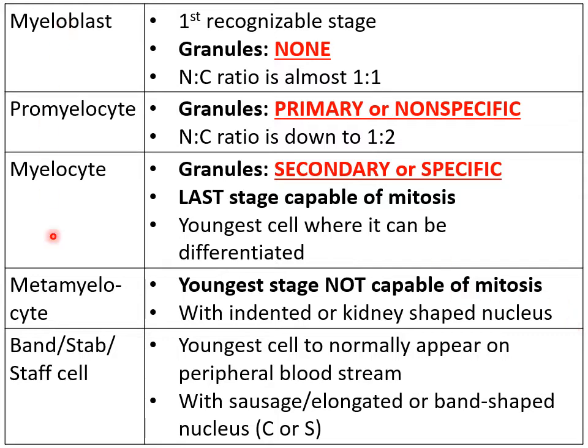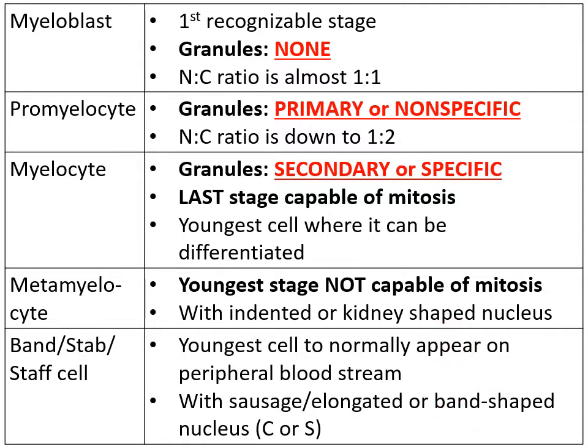Okay? Band, stub, or staph cell is the youngest cell which is normally found in the peripheral bloodstream. Okay? And ano na ang shape ng nucleus dyan? S-shape, C-shape, or sausage shape. So, ito yung difference between the nucleus ng dalawang ito.